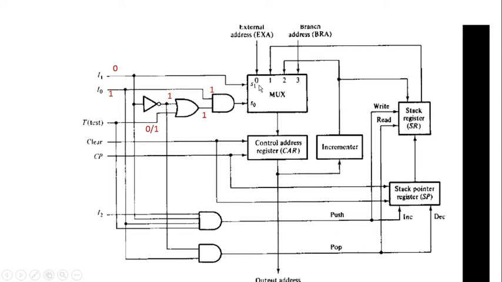S1 equal to 0 and S0 equal to 1. 0 1 means decimal 1. So the multiplexer is going to choose the first input. The first means the input from the stack top. This is the case of returning from a subroutine execution.